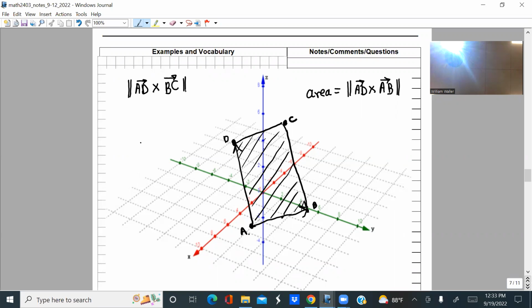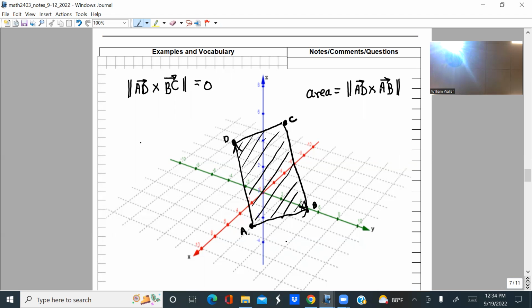Why do we know that? Yeah, because these two vectors are parallel, correct? Okay. So when you take the cross product of two parallel vectors, remember you get the 0 vector. And the magnitude of the 0 vector is 0. So this would turn out to be 0. So that's obviously bogus, right? Because we can see that that parallelogram does have an area, right?